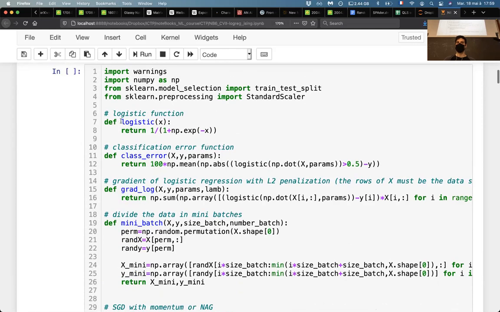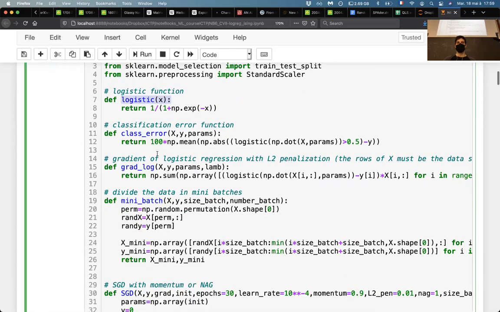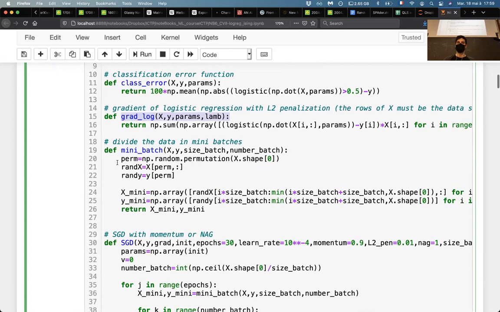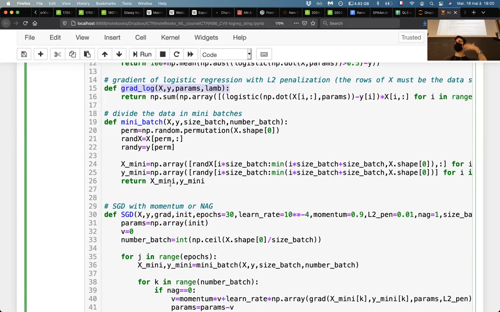So I have a function for the logistic, I have a class, I have here the gradient of the logistic. So this is the cross entropy, the gradient of the cross entropy. I have something that creates mini batches that will be called by SGD.